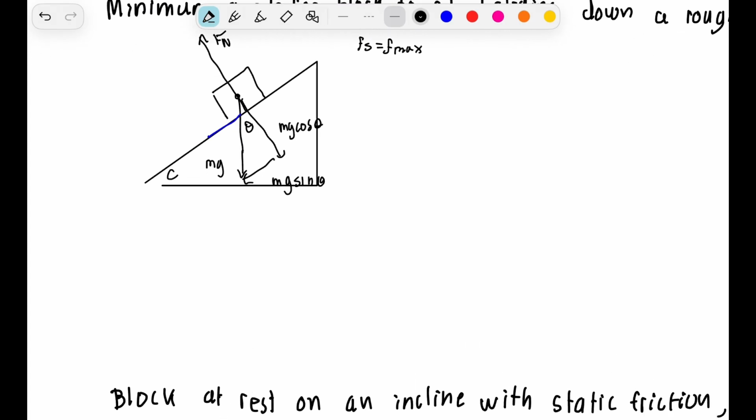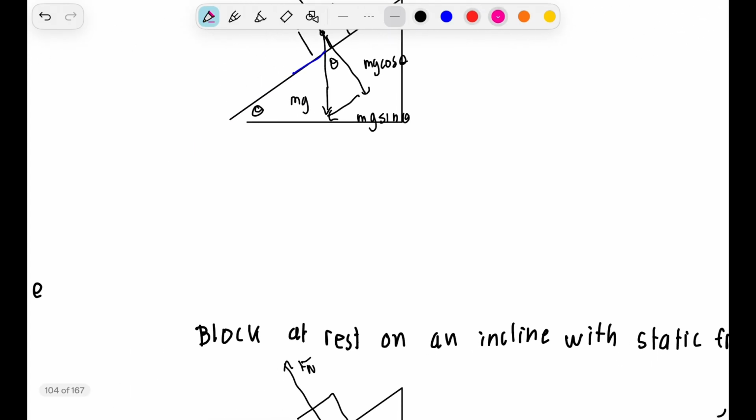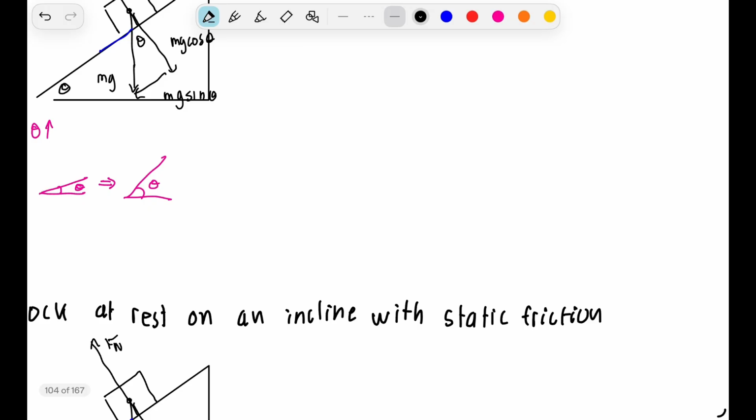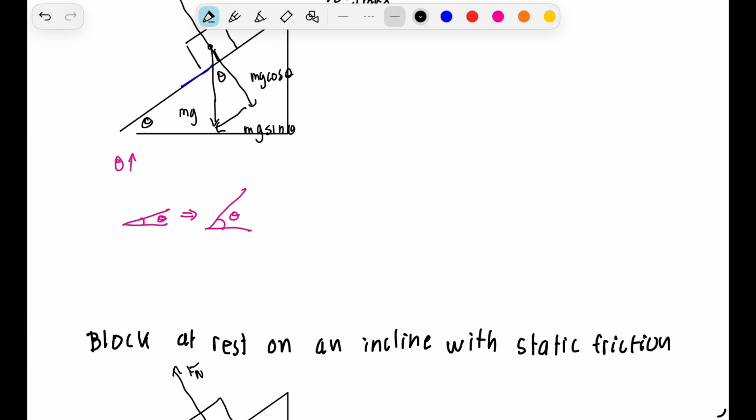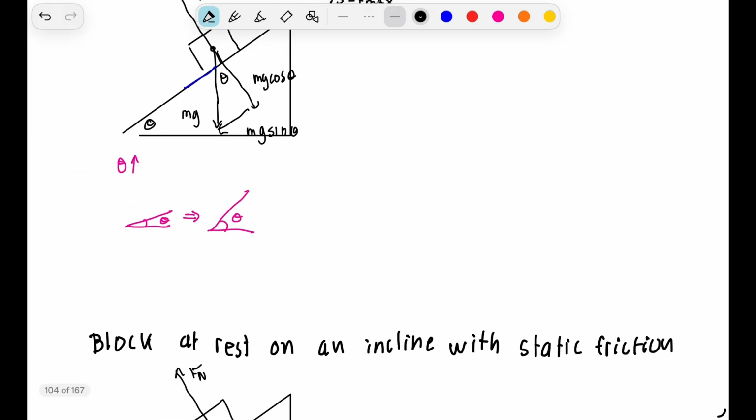So we have this angle here, and the angle is going to be slowly increasing. So that means that it's going to go from this to this. We want to find the minimum angle that it will start sliding down. So we are going to have our parallel direction at rest.